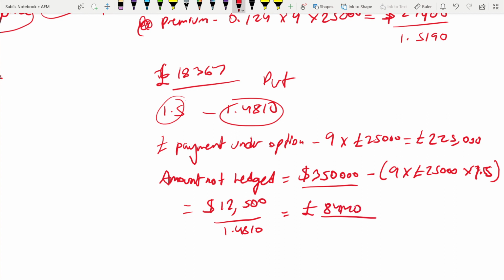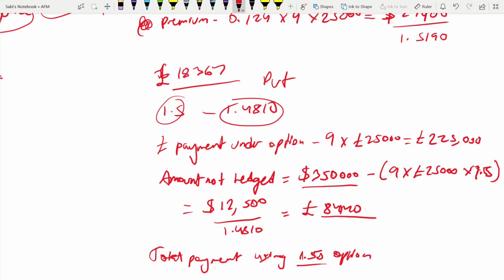What about the amount that is hedged? So total payment using the 1.5 option, 1.5 is the exercise price.